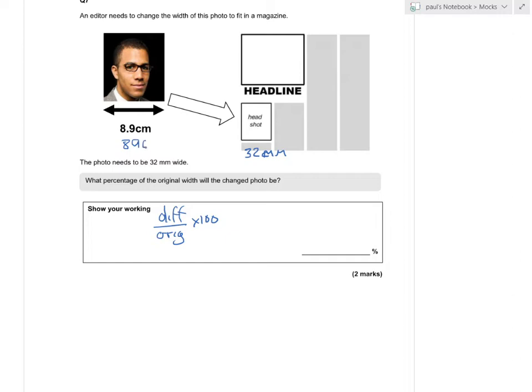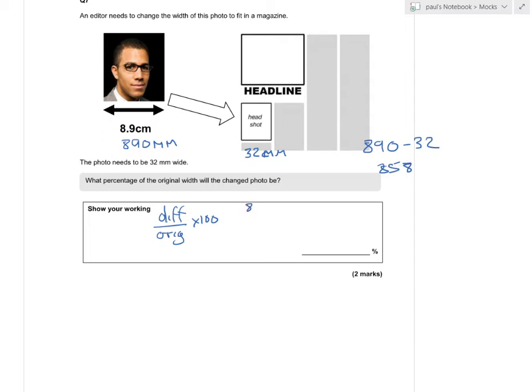So that is 890 millimeters. So 890 minus 32 is 858.